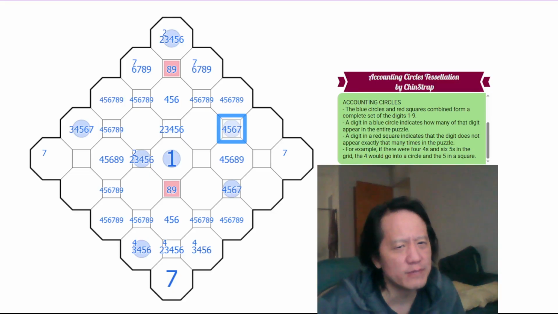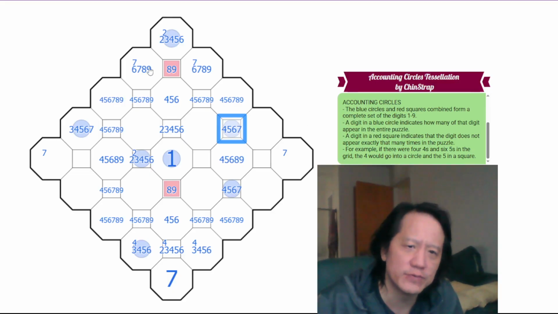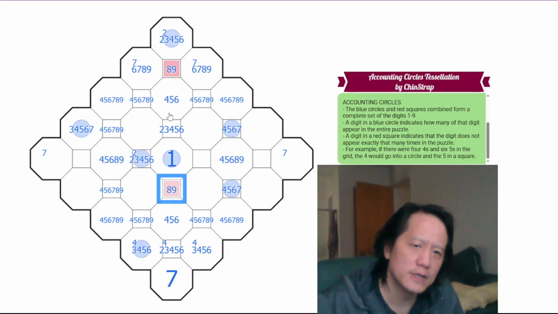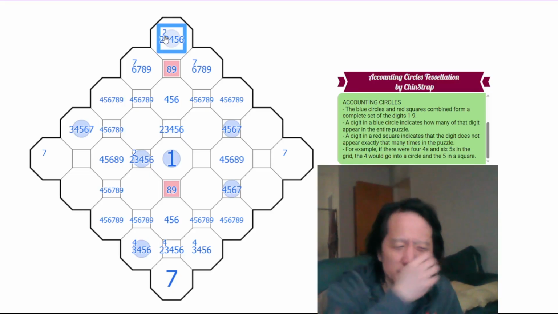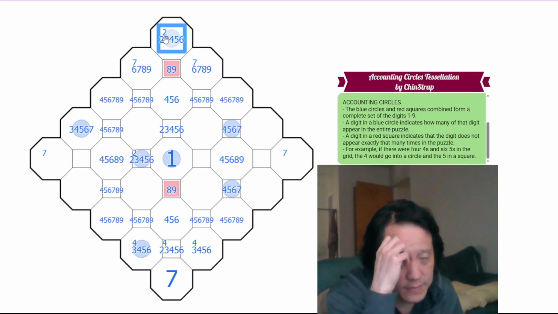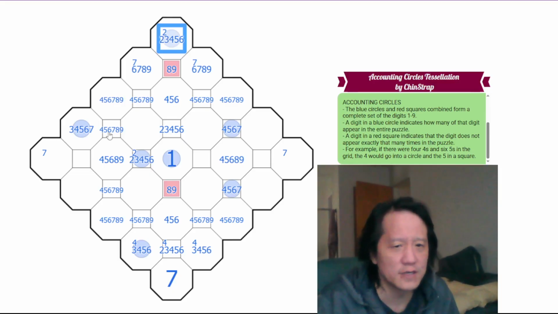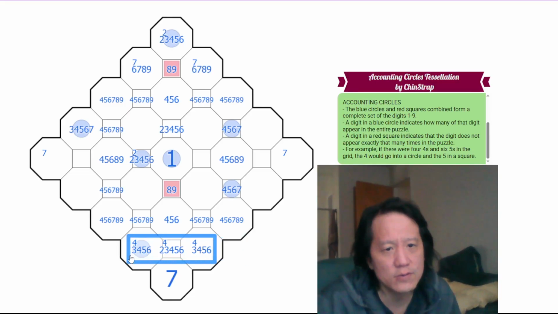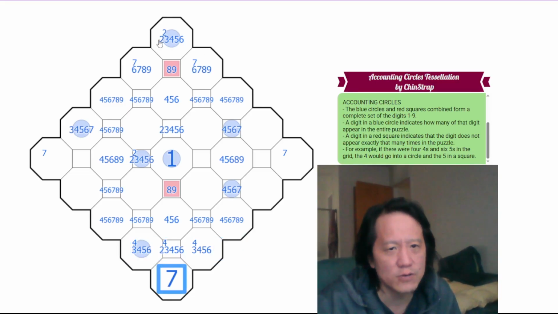Yeah, it's a little problematic because the reds are both here. And the problem is we need 7 of 8 or 9. We can't have that. Because this can't be consecutive here. We're missing 1 here, we're missing 1 here.